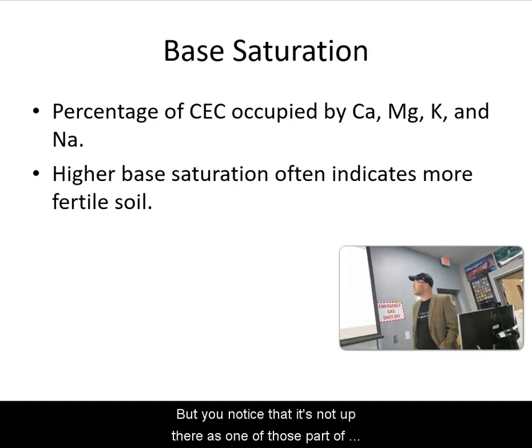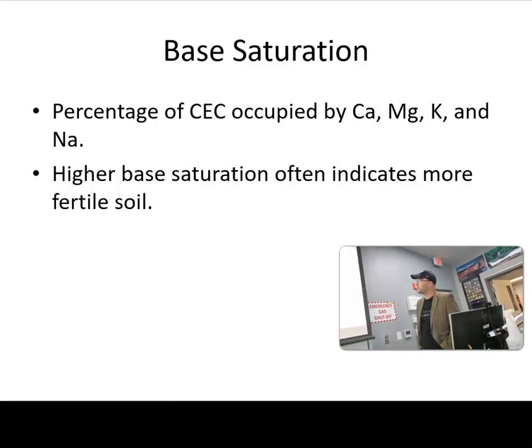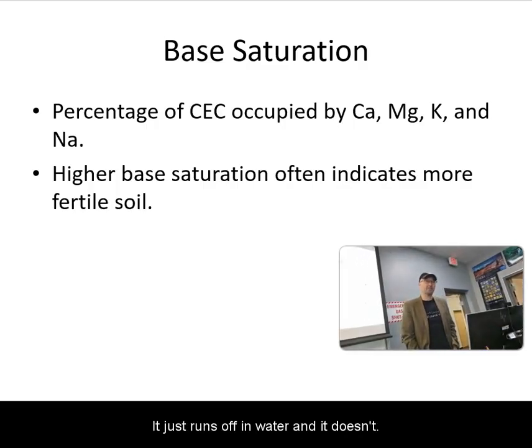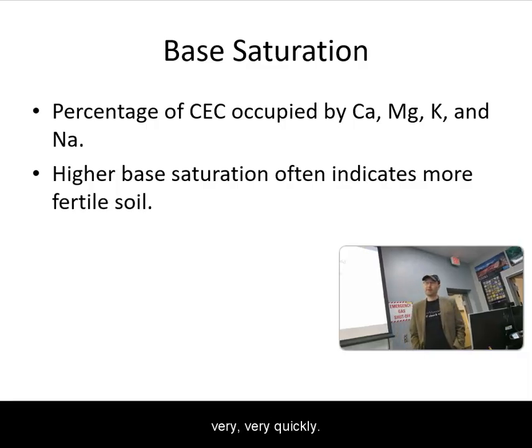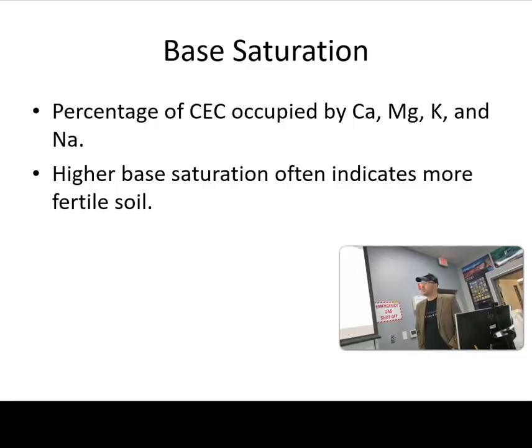But you notice that it's not up there as part of base saturation. And that's because it is very water soluble. It just runs off in water. It just leaches out of the soils very quickly. And so the soils don't hold on to the nitrogen molecules very much.